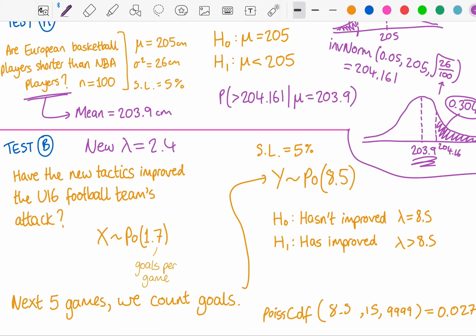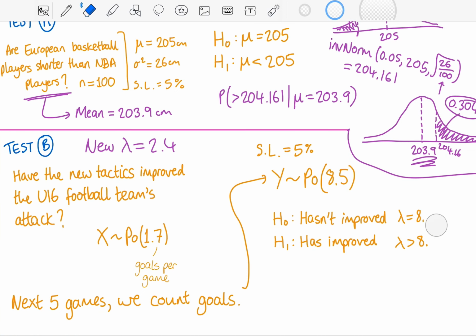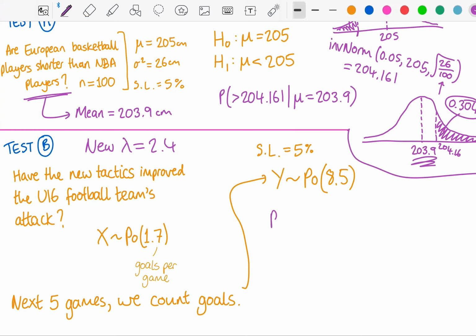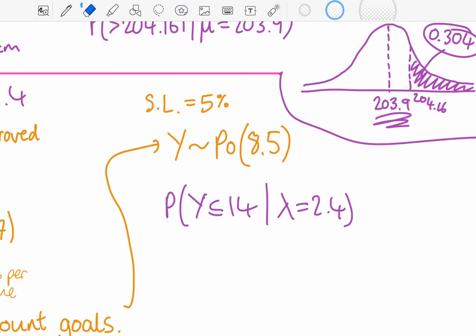The critical region was 15 or more goals before, and therefore it would be the probability of scoring less than or equal to 14 goals, given a mean of 2.4. That's 2.4 goals in one game.